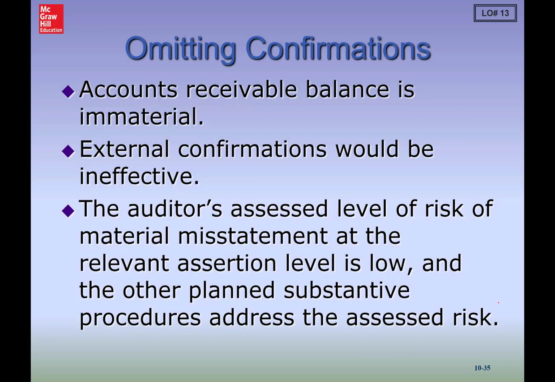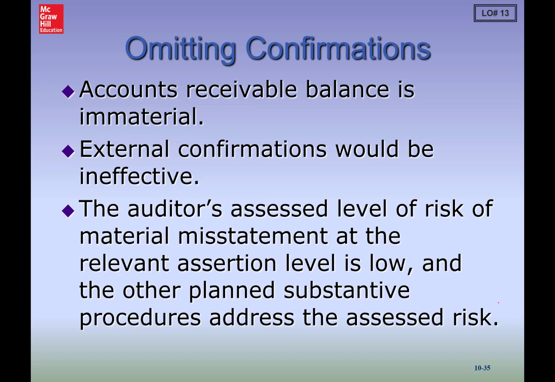Now, it is okay to omit confirmation. Because the confirmation is something that we should do around the existence assertion, but you can omit it if accounts receivable is not material. Well, look, if something's not material, then it's simply not an audit. External confirmation would be ineffective.